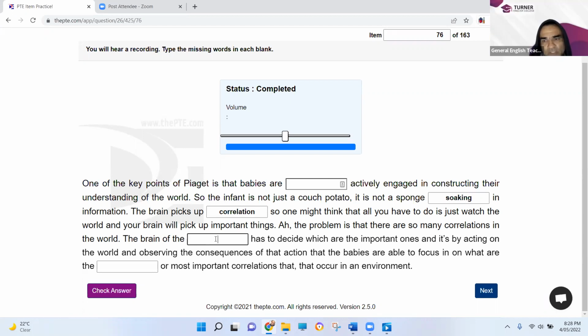Sohaila. Yes, individual. I think it was individualized. Yes, very good. Individualized. Excellent.